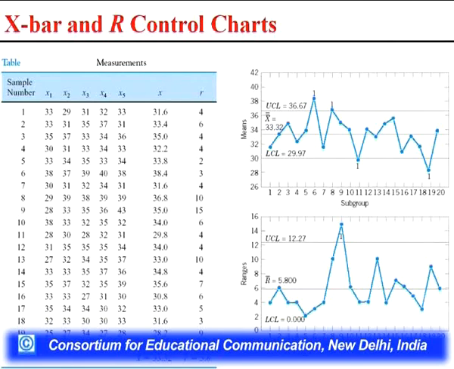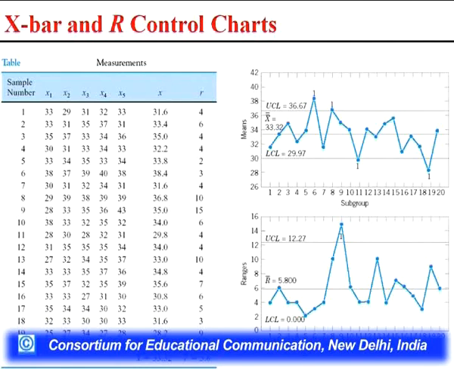For these 5 readings, the average X bar is 31.6 and the range is 4. A number of observations are taken, and for all of them X bar and R are calculated, and finally the grand mean X double bar and R bar are calculated. The grand mean X double bar is 33.32 and R bar is 5.8.